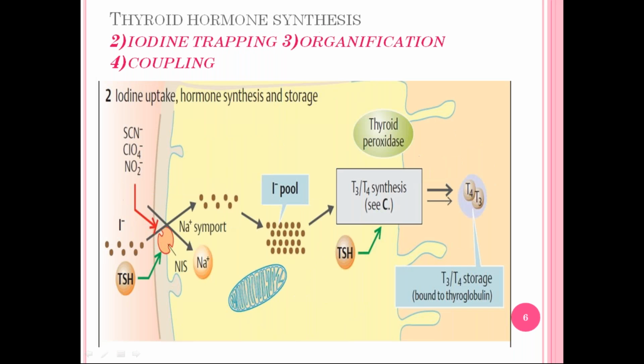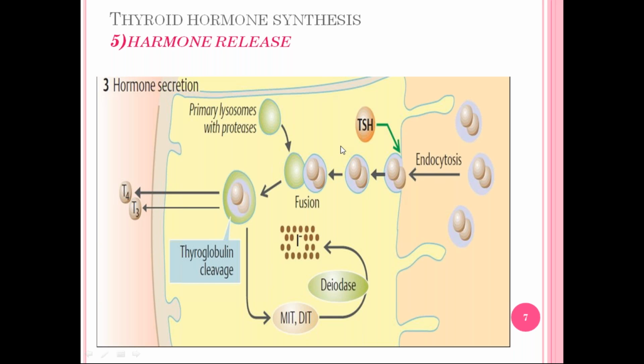Now which is the active form of thyroxine? It is T3. T3 is the active form of thyroxine, and T4 is converted to T3 by the deiodinase enzyme. This is the simple thing you have to know: how the thyroid gland forms the thyroid hormones T3 and T4.